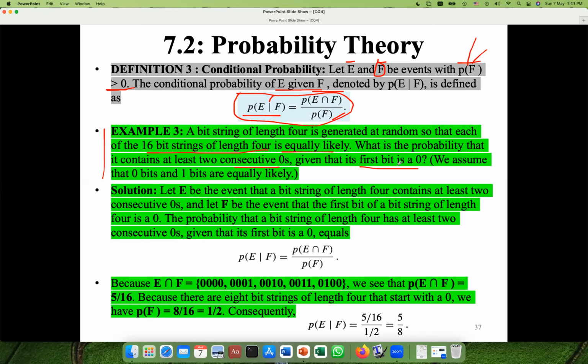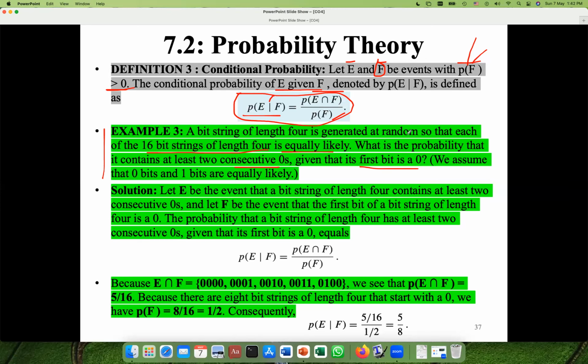Given that its first bit is 0, from those 16 strings with 4 bits, if you take the numbers 0, 1, 2, 3, 4 and convert them into binary, then you will have from 0 to 15, those 16 strings with 4 bits.